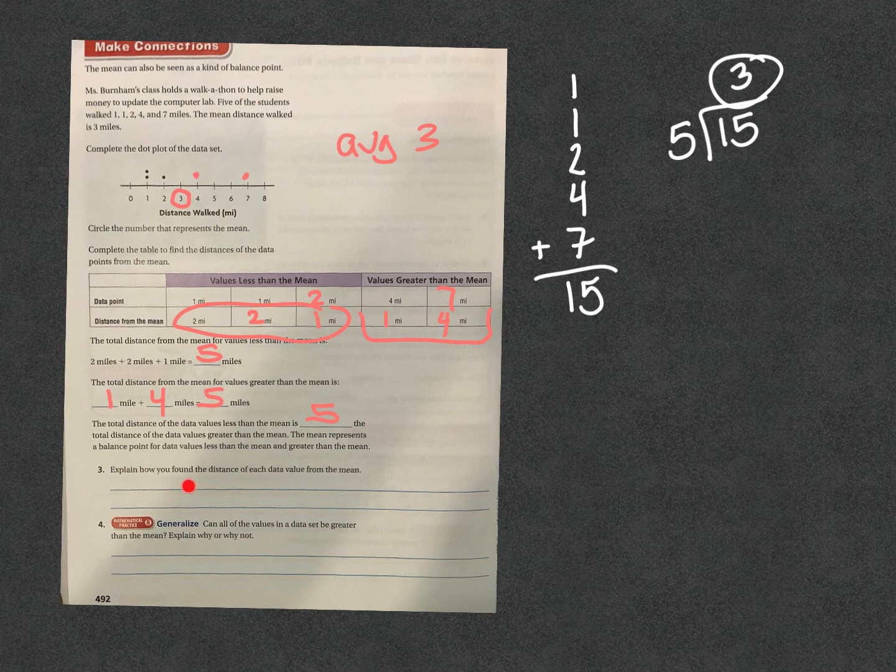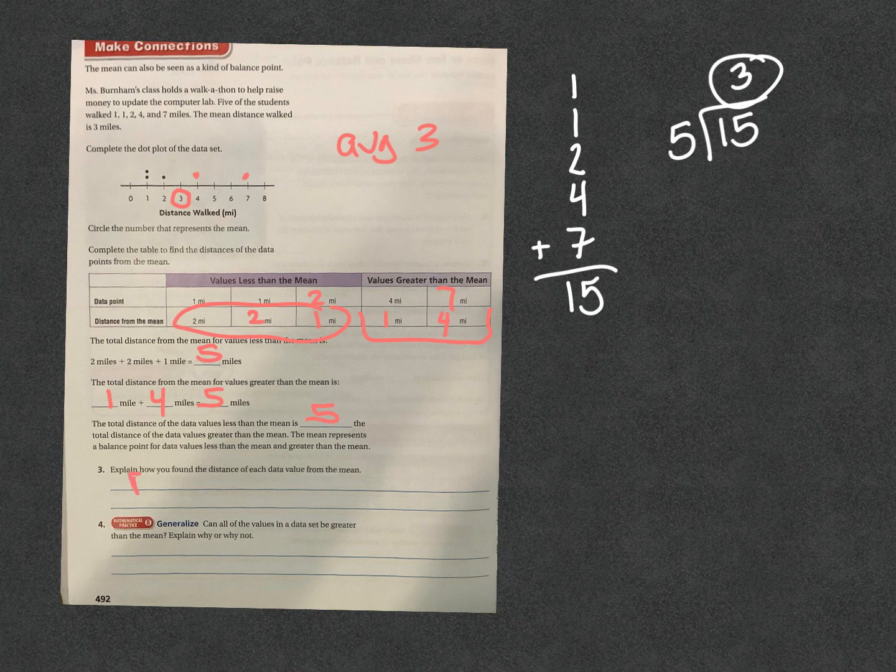So explain how you found the distance of each data value from the mean. We subtracted, right? Well, we kind of looked at how many steps, but as I mentioned as we went, you could see you just subtract. What's the difference between the mean and the data value you're looking at? You just take the larger number and subtract the smaller number because we're trying to find the difference, right?